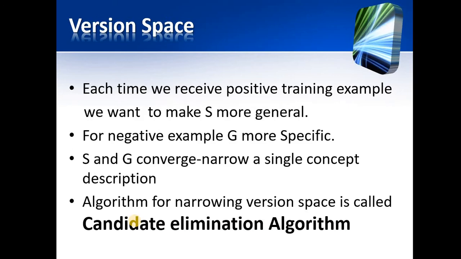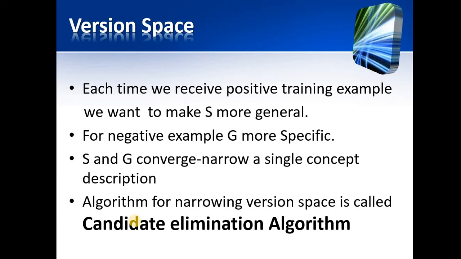Each time we receive a positive training example, we want to make S more general. When a negative training example is received, we make G more specific. If the S and G sets converge, our range of hypotheses will narrow to a single concept description.